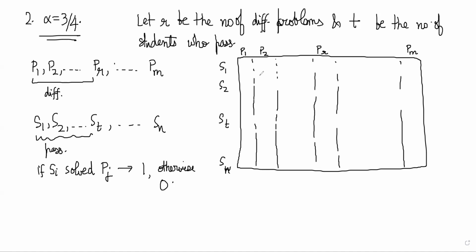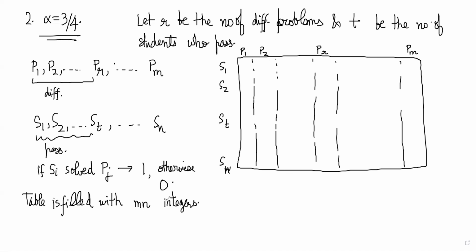So what we can say is for every problem and every student we can mark whether he has solved it or not by 1, 0, 0, and so on, right? So the table will be filled. Table is filled with m times n integers. The size of the table is m times n, right?